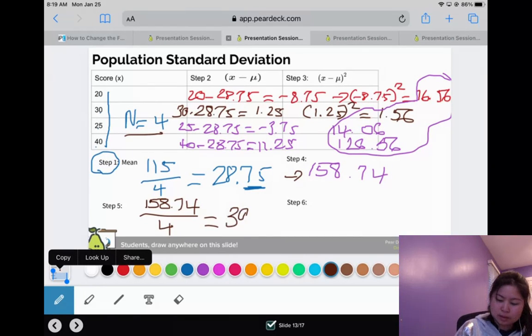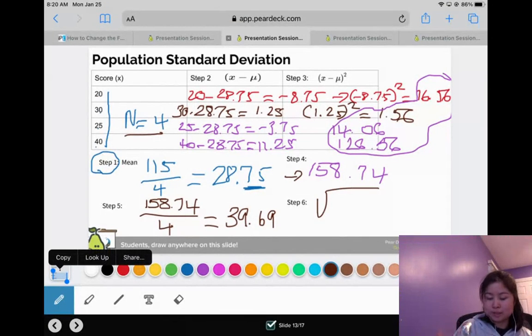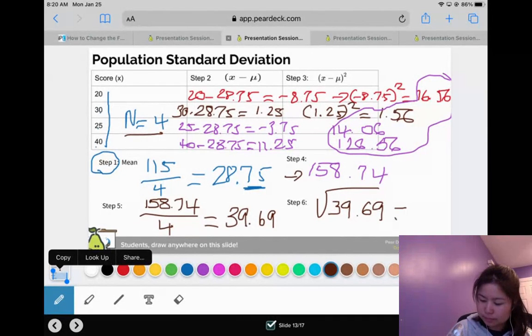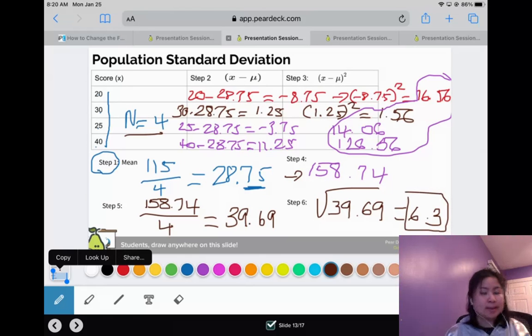That gives me 39.69. And then step 6, take the square root of whatever I got from step 5. Square root of 39.69 is 6.3, and that is my standard deviation.